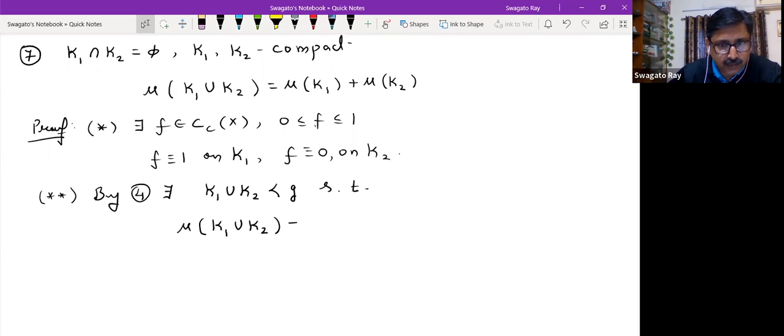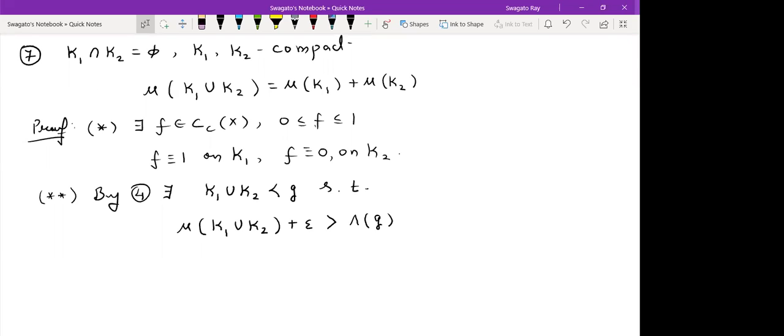So let me increase it by an epsilon, which is arbitrary. It's no longer a lower bound, means it should be bigger than lambda g. This is my second fact. Okay, comes straight away from 4. Agreed? Clear? Yes, sir. Now, observe.